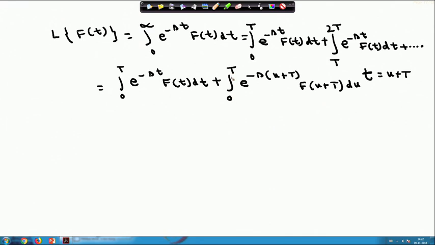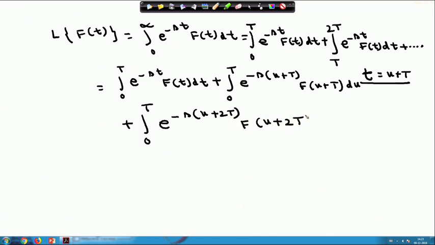So, the limiting value is changed to 0 to T, and similarly if I take the third one and substitute the same thing, then the third integral would look like this: 0 to T of e^(-s(u+2T)) f(u+2T) du, plus it will go on continuing like this.